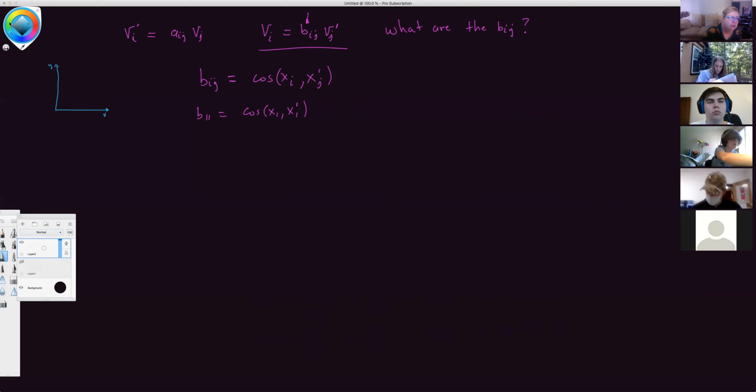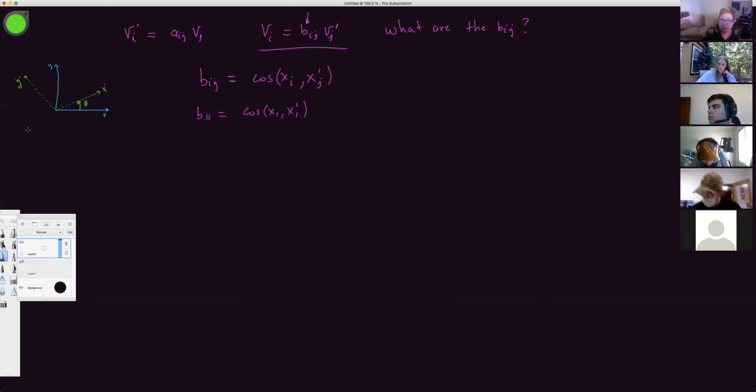And then we're going to get the rotated in green, and we have the angle of rotation phi, right? And this is going to be x prime, and this is y prime.